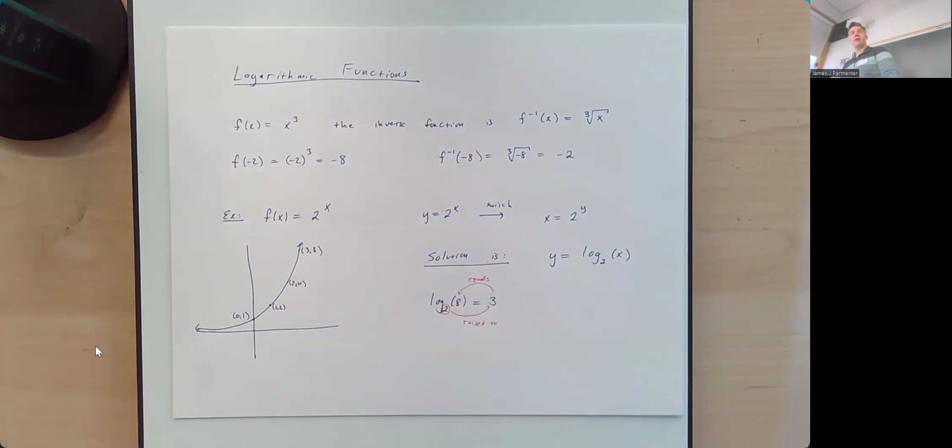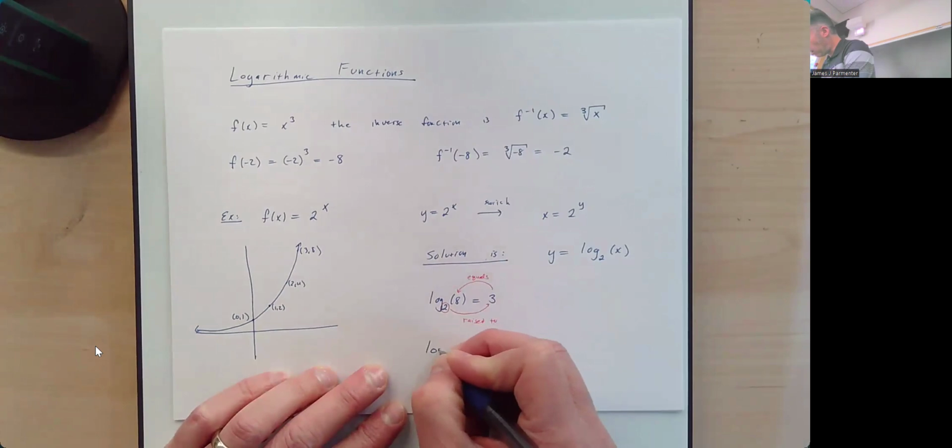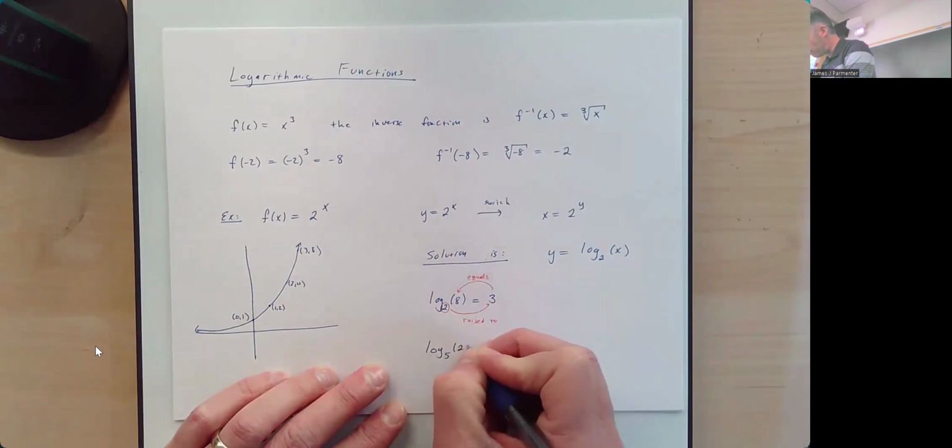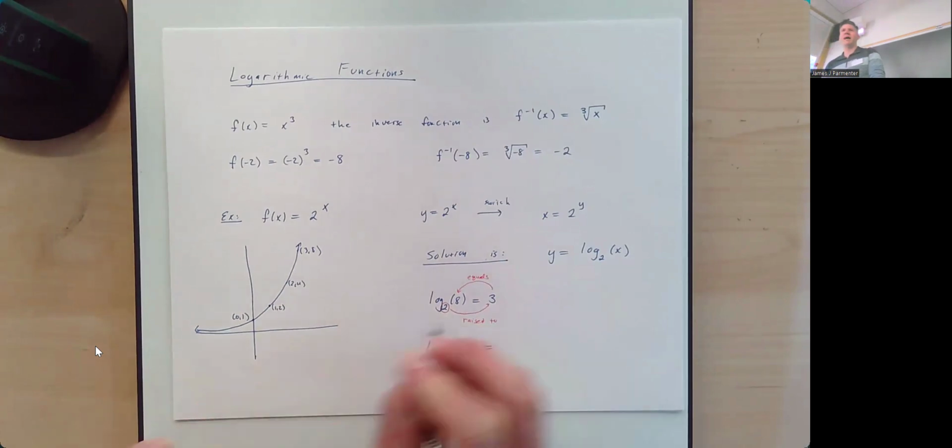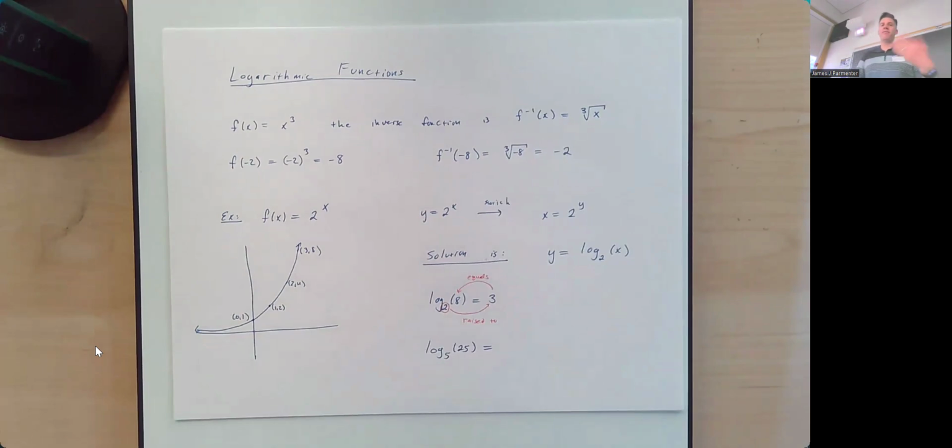So just as another example, before we start graphing things here, if I wanted to find log base 5 of 25, I would be asking myself, 5 raised to what power is equal to 25? And the answer is not 5, because 5 times 5 is 25, but 5 to the 5th is much, much larger.